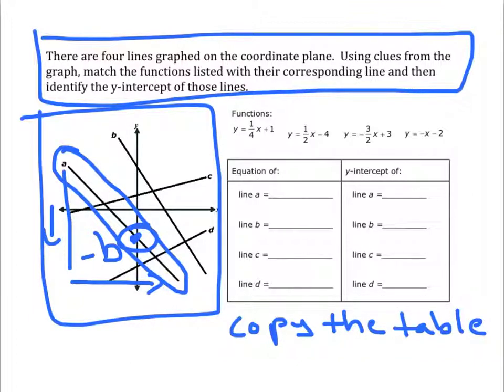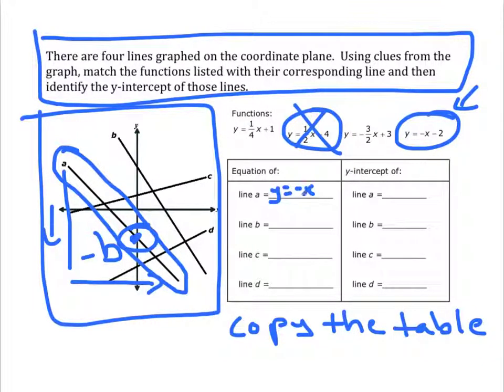So I see that this has a negative y-intercept, this one has a negative y-intercept, but only this one right here has a negative slope and a negative y-intercept. So line A is going to be y equals negative x minus 2. And my y-intercept is going to be negative 2. And then I would like for you to complete the rest of them.